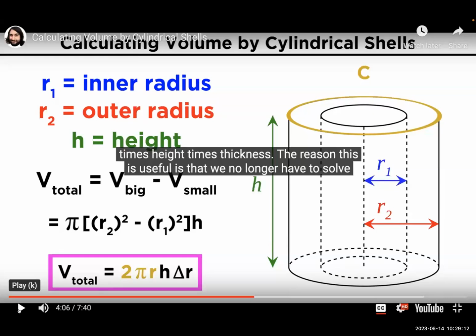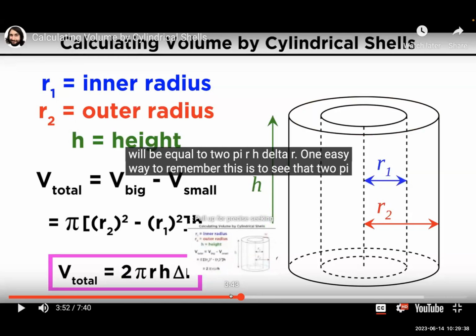But there was an outer radius, inner radius. So you found them, and the height is h. So total volume is the volume of the outer minus inner. And then they factored the subtraction of r2 squared and r1 squared into r2 plus r1 and then r2 minus r1 right there.